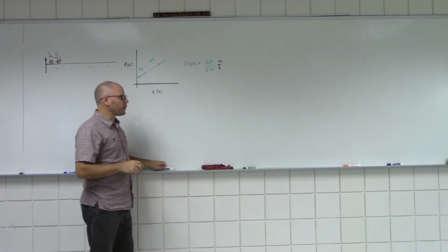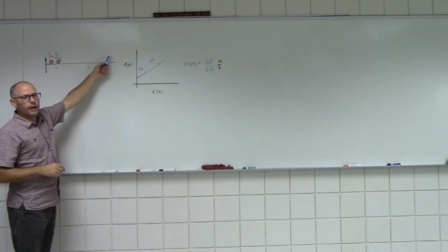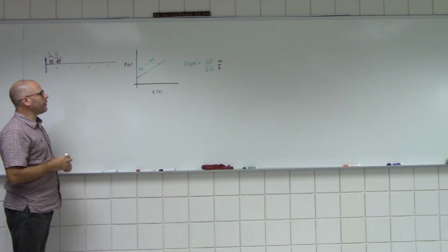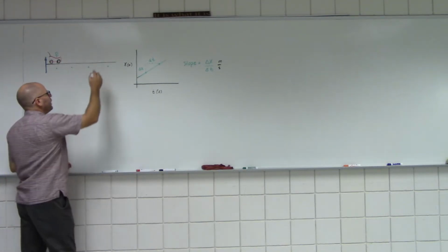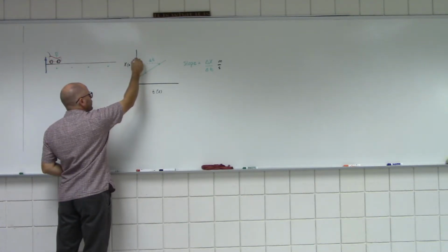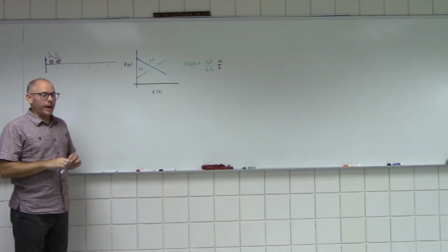Consider, what if the buggy was going in the opposite direction? If the buggy were, for example, out here, moving in the opposite direction, what would that graph look like? Well, if the buggy starts out here and is going backward, it started at a large position and went the other way.